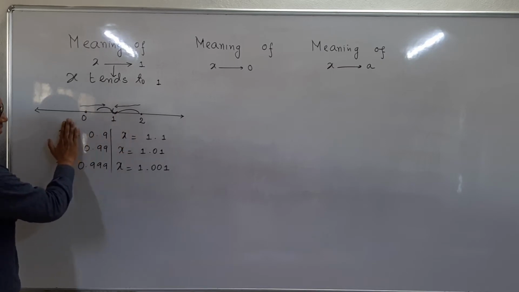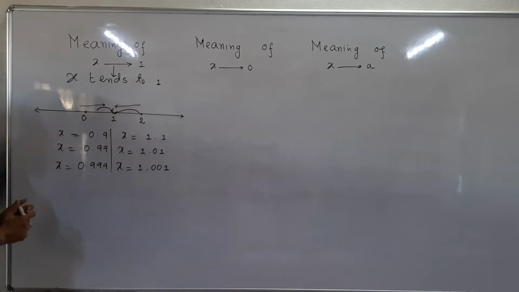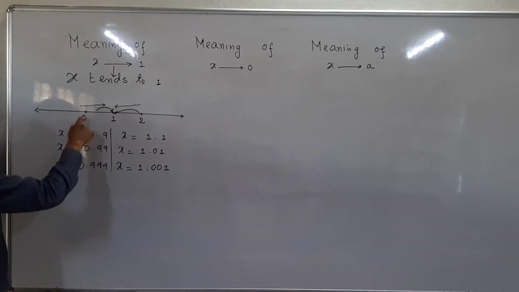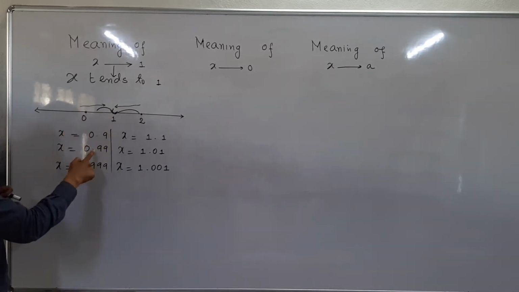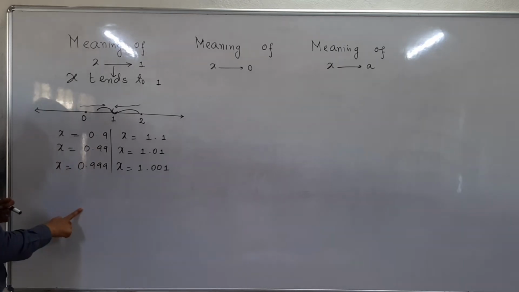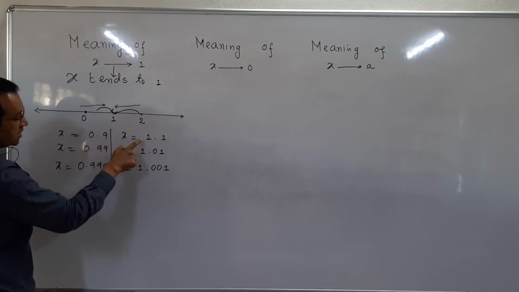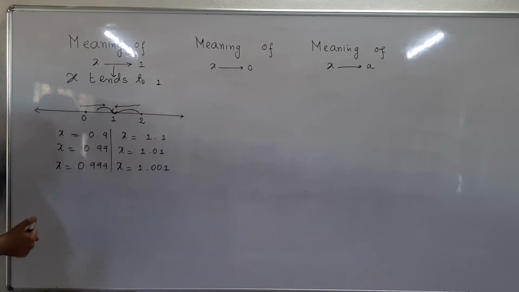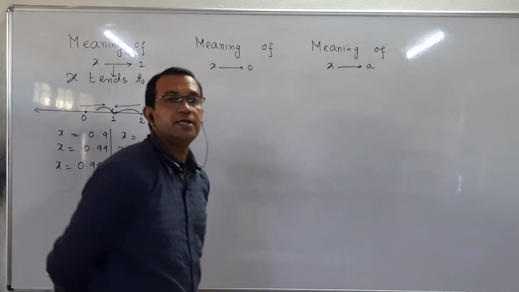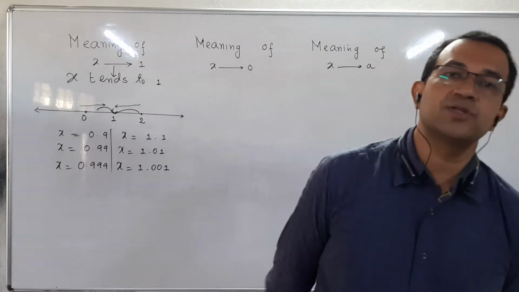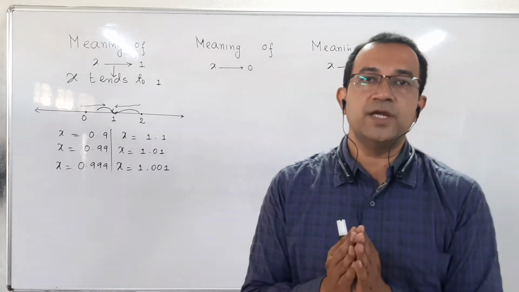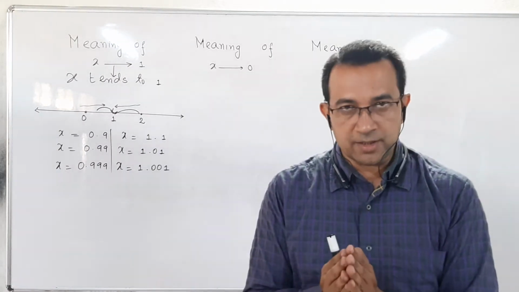One is from left hand side, other is from right hand side. When we are approaching from left hand side, the values of x go on increasing, and when approaching 1 from right hand side, the values of x go on decreasing. This much only, students, we have to remember.